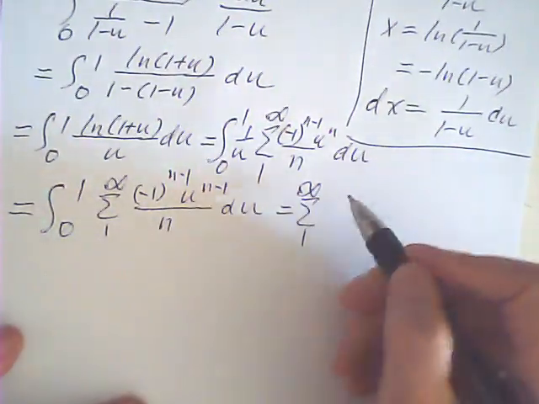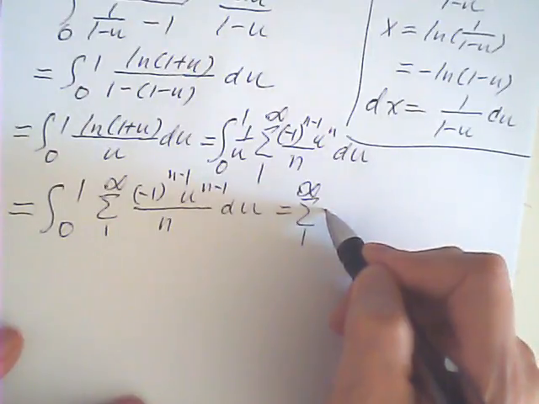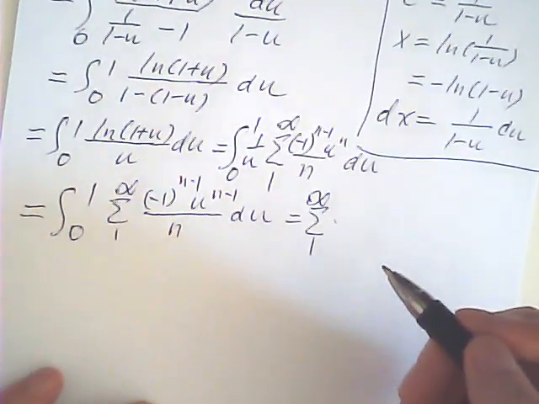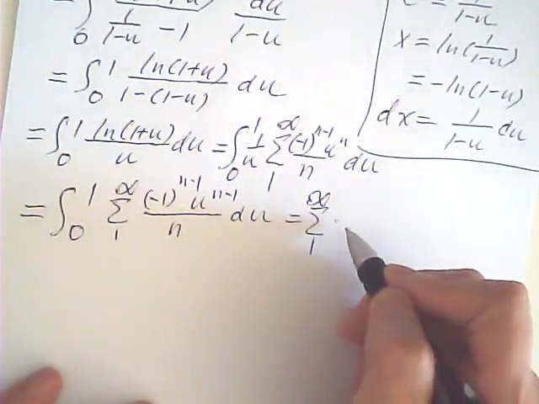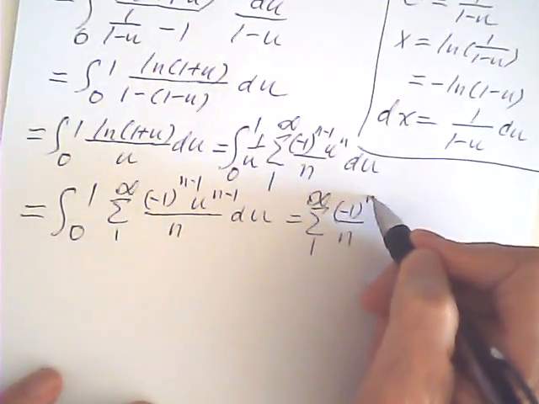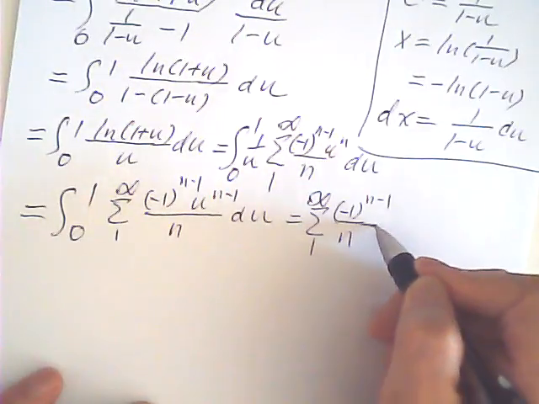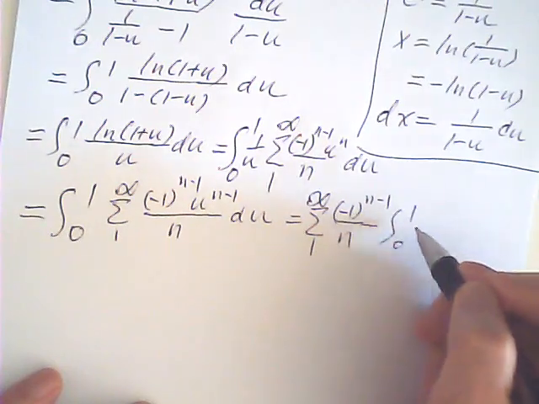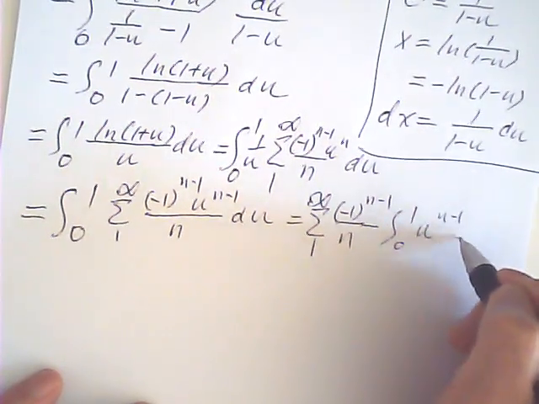So n is nothing to do with this one. This is n, I'll take negative 1 to the n minus 1 out. This integral is from 0 to 1 of u to the n minus 1, du.